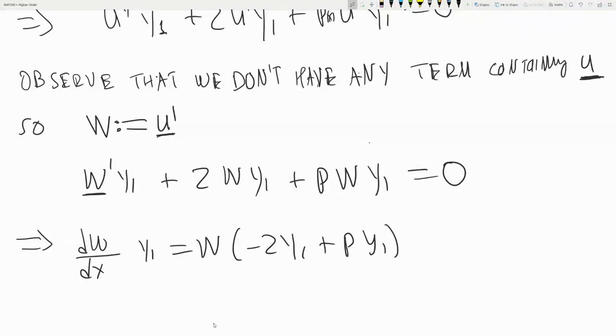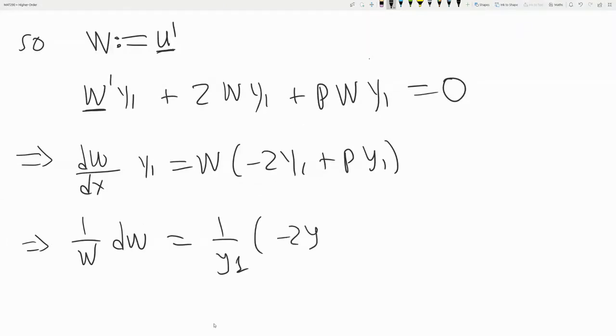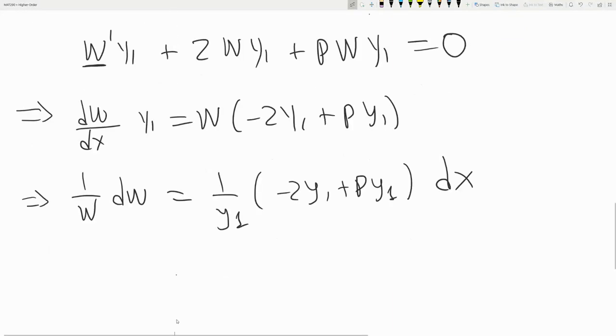I just brought it to the other side. Okay, and then we separate. So 1 over w dw equals minus 2 y1 prime over y1 plus p, and dx.